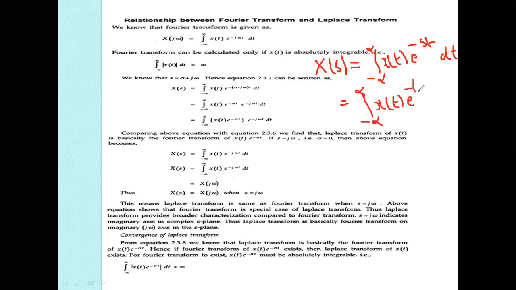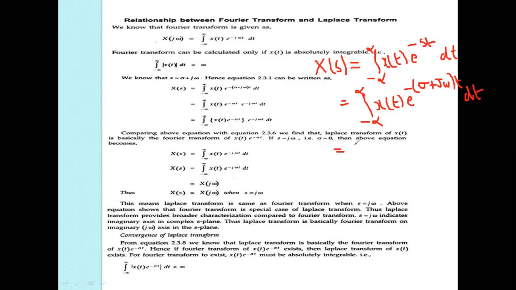On the definition of the Laplace transformation, X(S) equals the integral of x(t) e^(−st) dt. What is the S here? σ + jω. The integral from minus infinity to infinity of x(t) e^(−(σ+jω)t) dt.